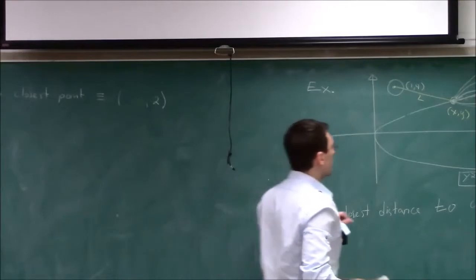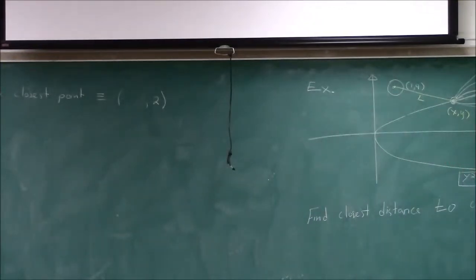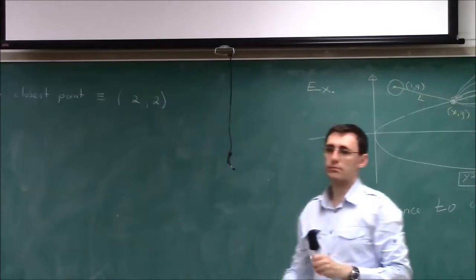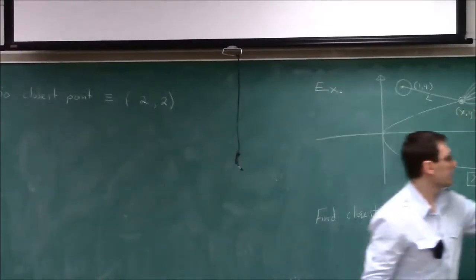What's x? x is going to be 2 squared over 2, which is again 2. Make sense?